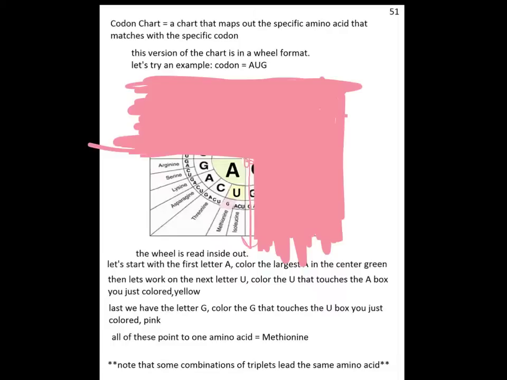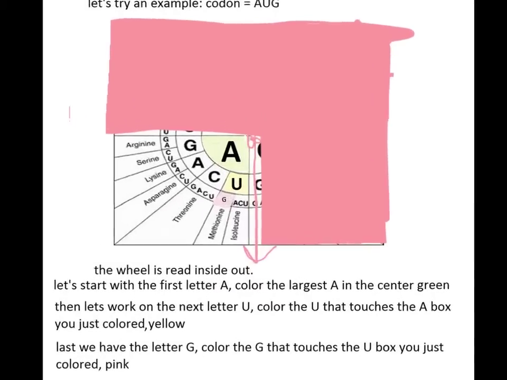Because this concept is hard for some people to get, and it takes a little bit of practice and it takes a little bit of time. Oh, there's my eraser. I can clean that up a little bit. Okay, so now we've got the A. I'm going to zoom in too.